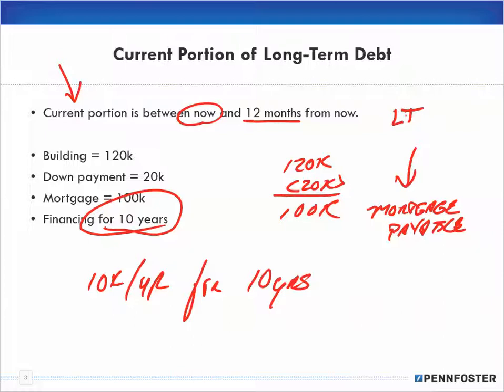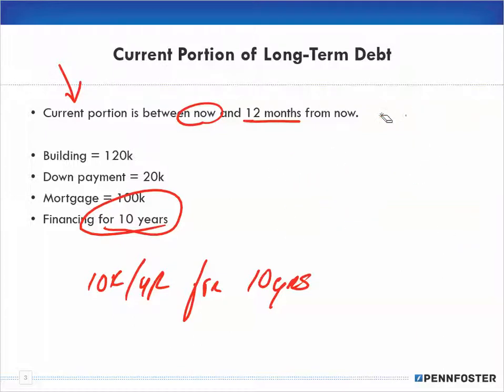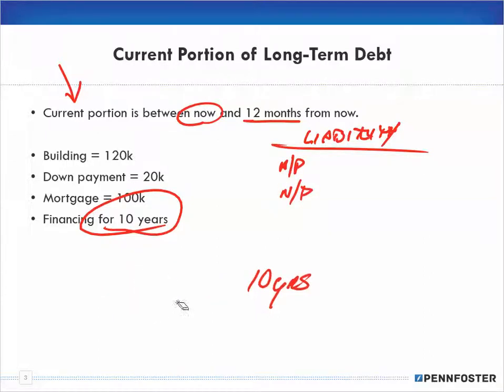All right. So if we're looking at our balance sheet, we're going to have our liability section. In our liability section, we're going to have our accounts payable, our notes payable, and then we're also going to have our mortgage payable.